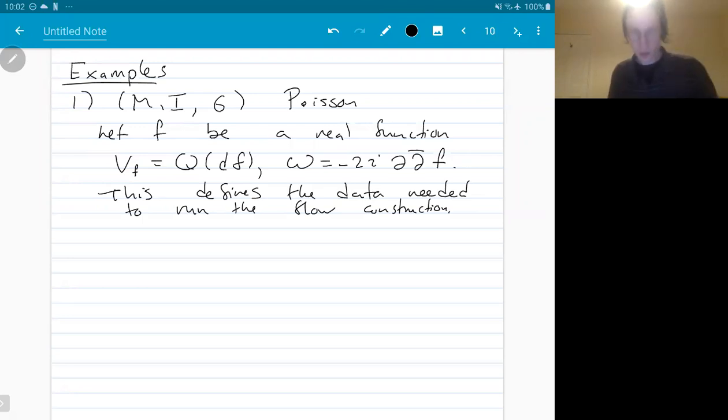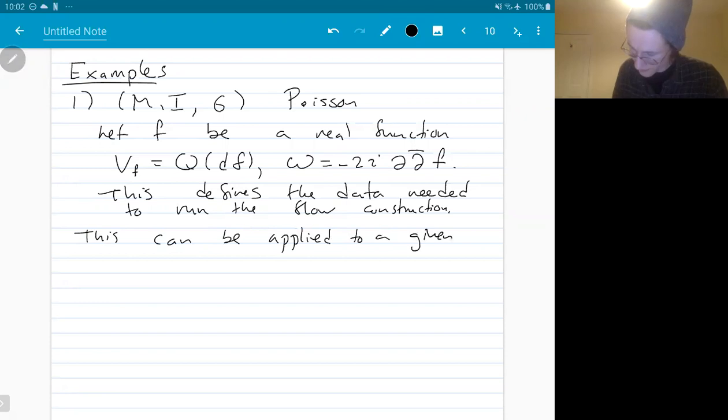So this can be applied to a given GK structure to deform it.